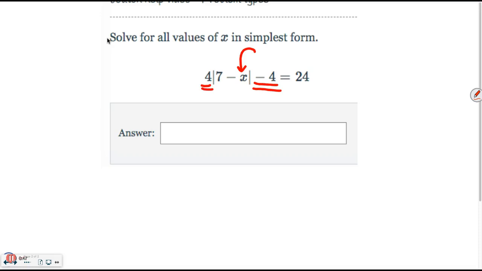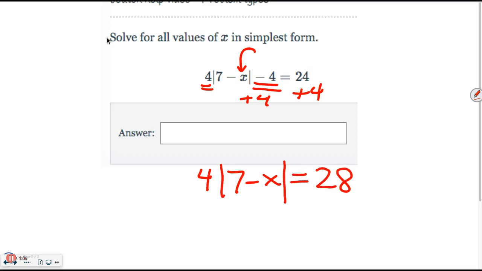So what you're going to do on this one is you're going to say, well, how do you get rid of a subtraction of 4? You're going to add it to both sides of the equation. And so you're going to say, well, I have the 4 still left. I have the absolute value of 7 minus x still left, but now it's equal to 28. So the first thing I did right here is I said, get you out of there, you're in the way.